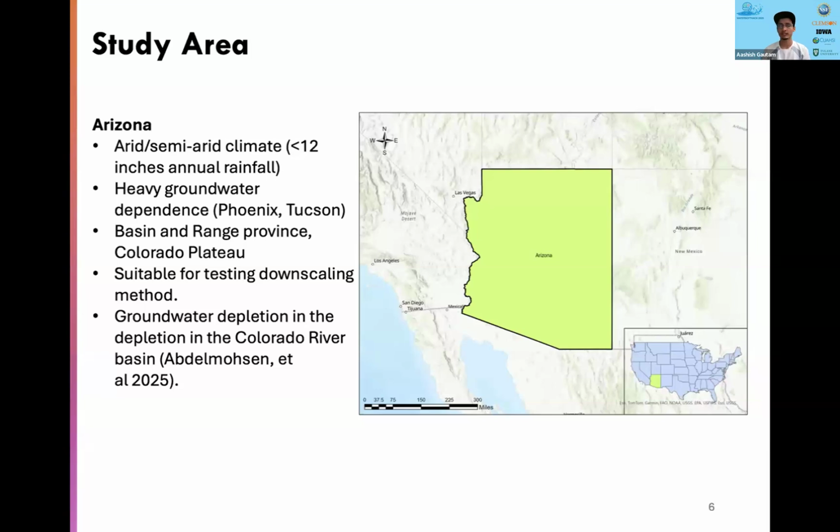Geographically, it spans the Basin and Range Province and the Colorado Plateau, offering diverse hydrogeological settings. This makes Arizona an ideal location to test our downscaling method, particularly given the ongoing groundwater depletion in the Colorado River Basin, as highlighted by Abdel Mohsen and his research.